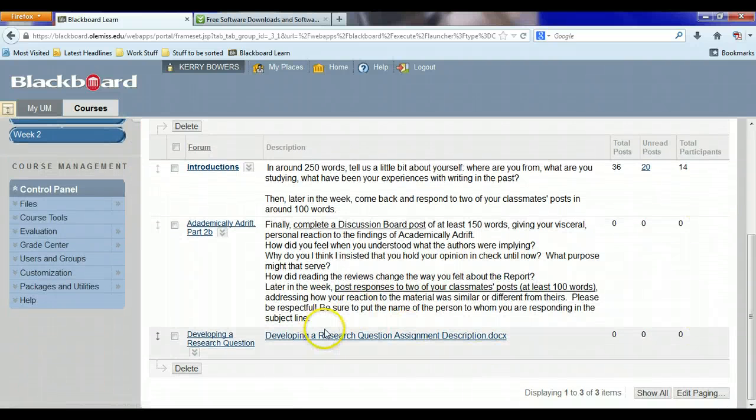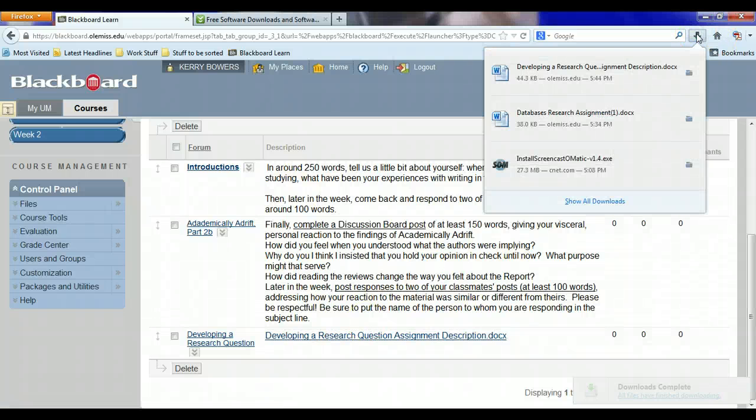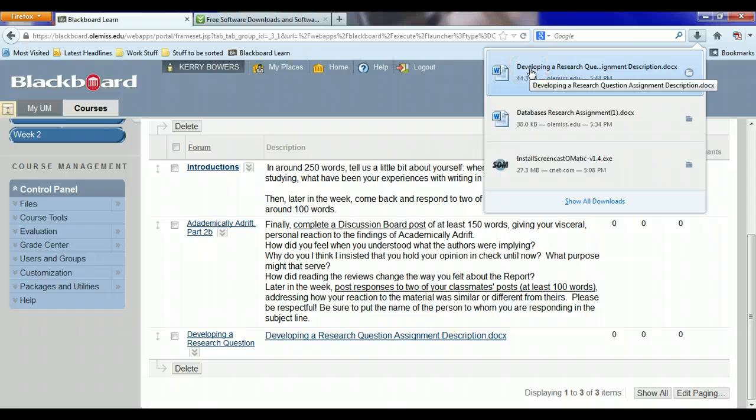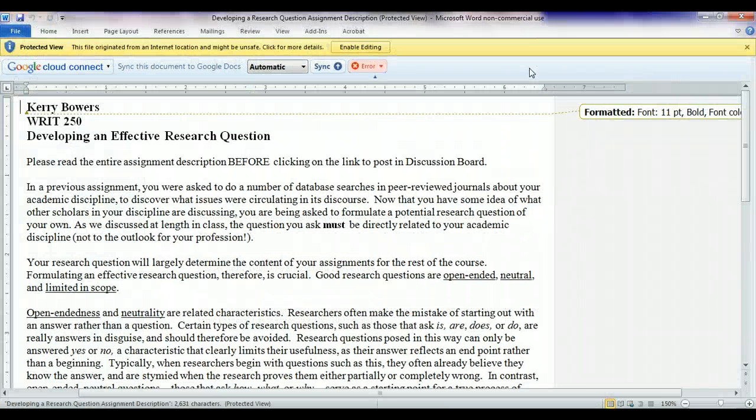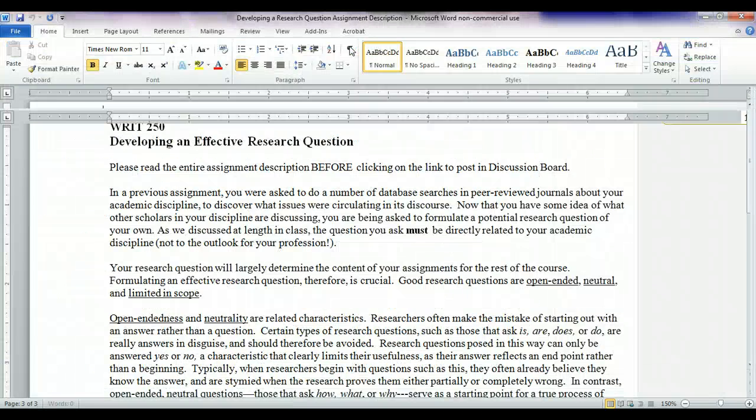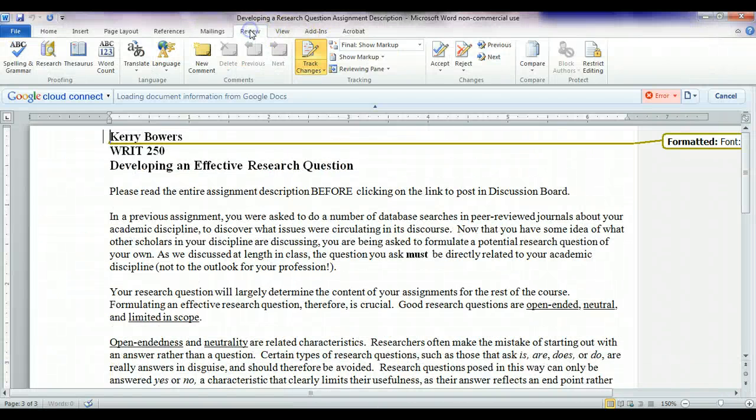Okay, here's the description I was talking about. So what I'm going to do right now, as I'm recording this, is go into this and copy and paste it into a thread so that you will actually see it when you come in. Some things I need to get rid of.